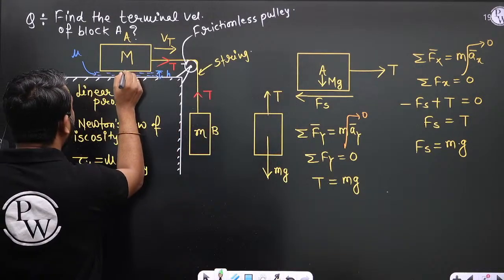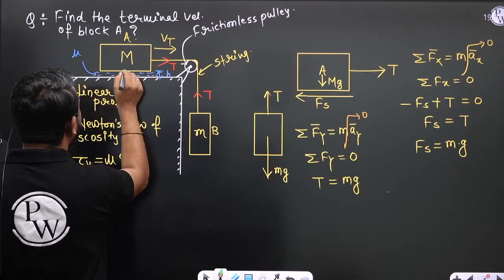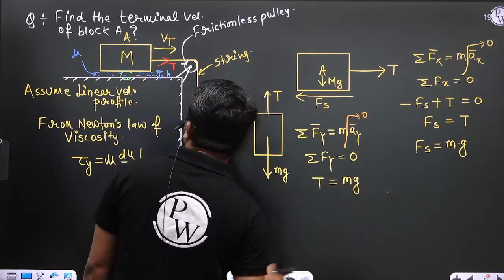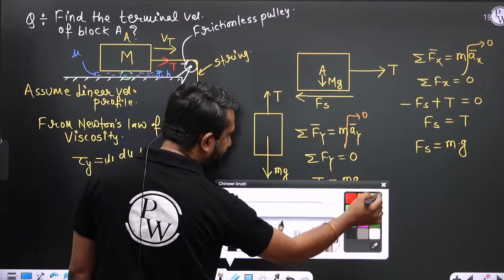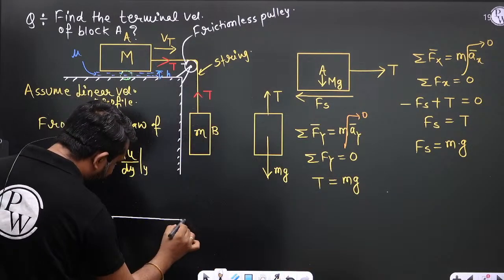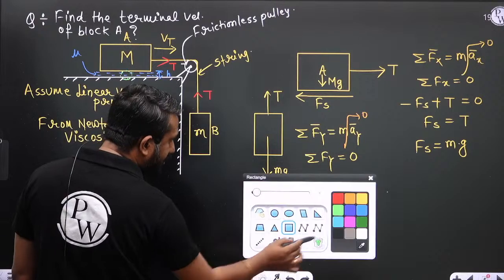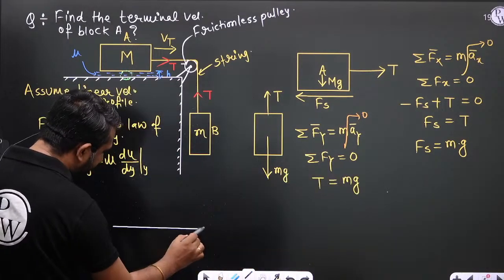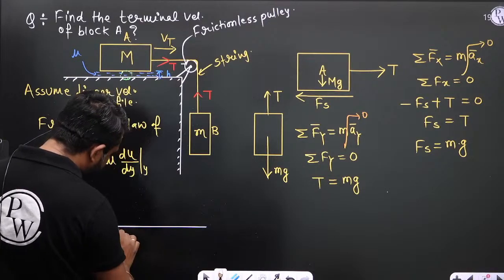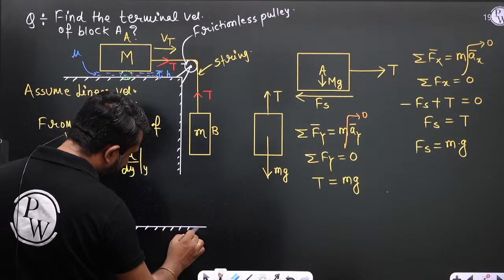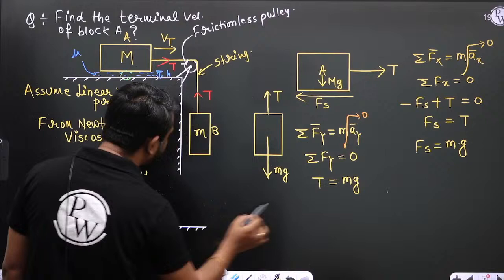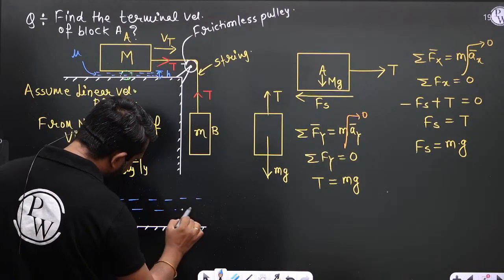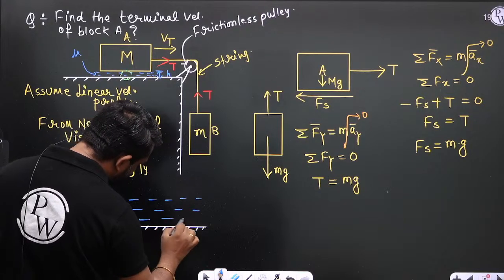Now exaggerate, zoom this particular portion. If you zoom this portion, then see, this is your fixed plane, and above the fixed plane there is a lubricant. This is the lubricant.